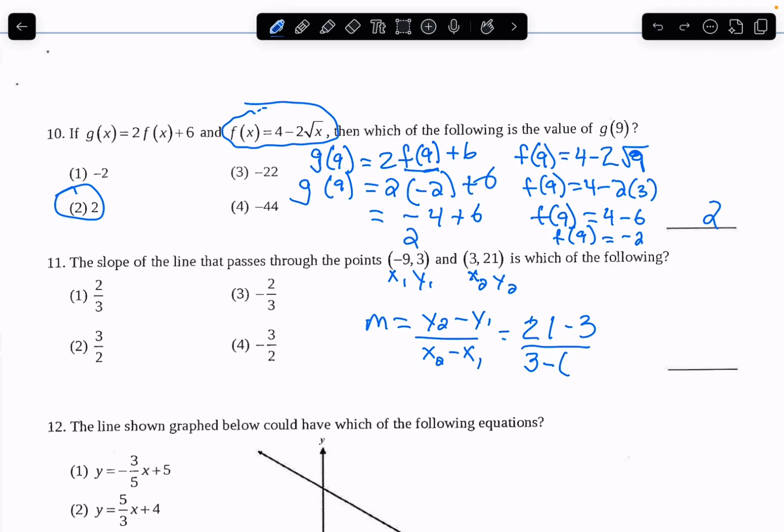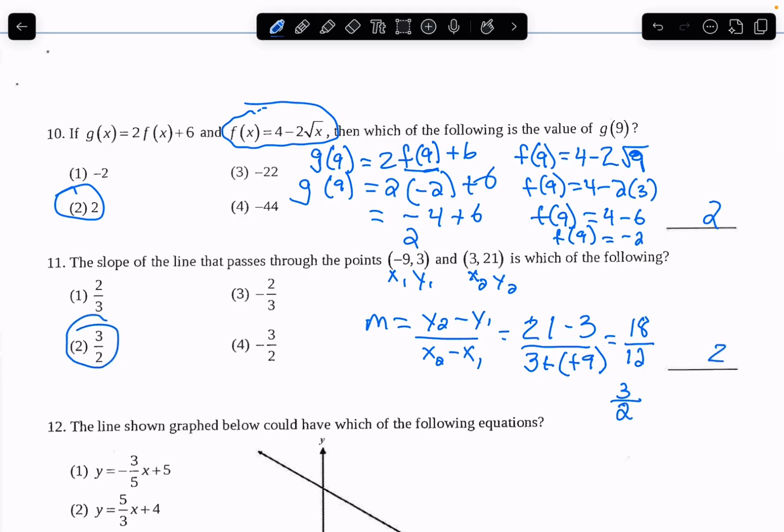Oops, negative 9. Okay, so in the numerator we get 18, and this becomes plus, over 12, and this reduces to, they're both divisible by 6, so 3 over 2. So it's 3 over 2.